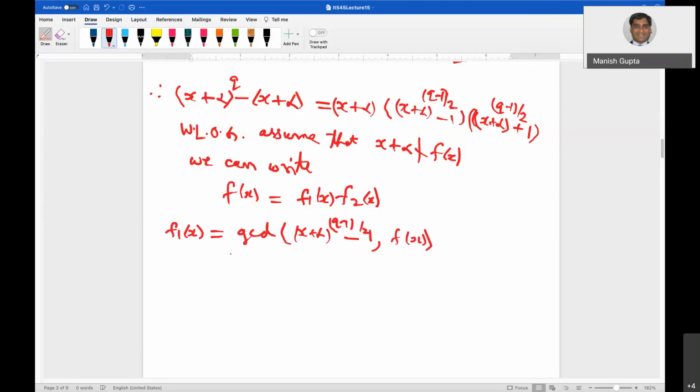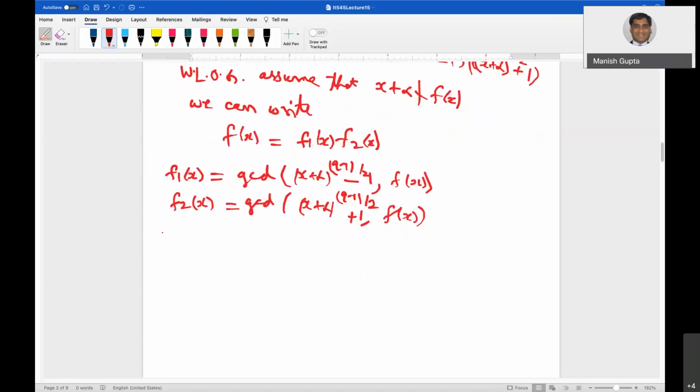Just like in the previous case, f2(x) is nothing but GCD of (x plus alpha) raised to power (q minus 1)/2 plus 1 and f(x). Okay.